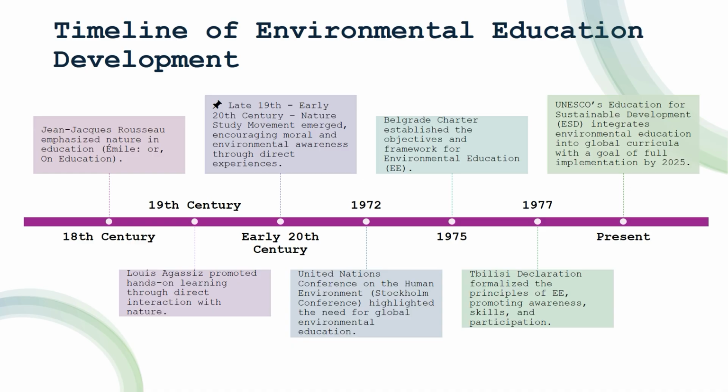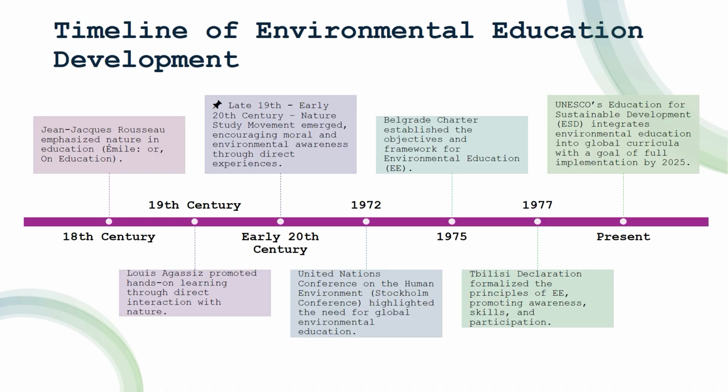Timeline of environmental education development. Jean-Jacques Rousseau emphasized nature in education in his book Emile, or On Education. In the late 19th and early 20th century, the nature study movement emerged, encouraging moral and environmental awareness through direct experiences.